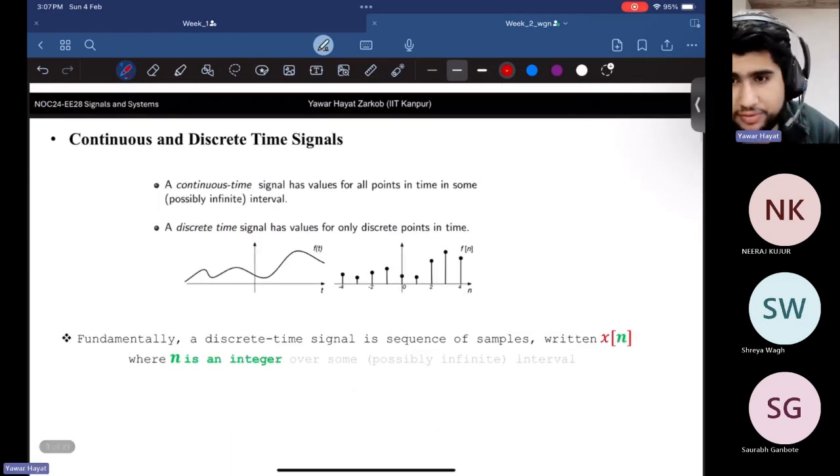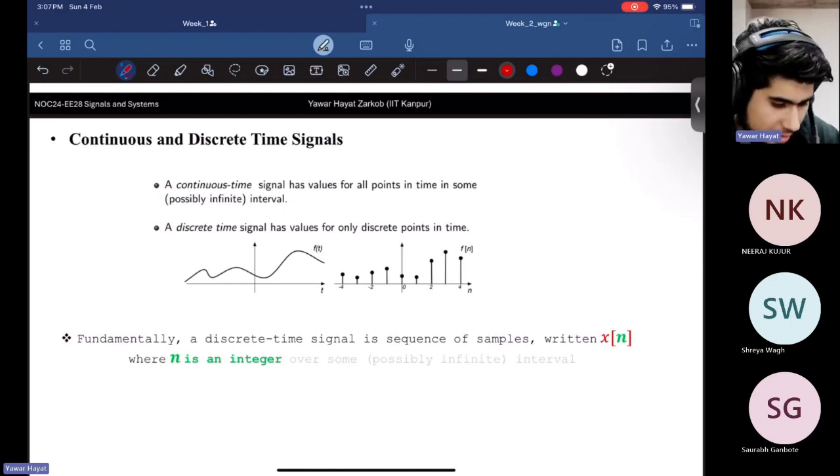So let's first briefly recap continuous and discrete time signals before attempting a sample problem on the same. A continuous time signal has values for all points in time in some interval, which can possibly be an infinite interval, while a discrete signal has values only for discrete points in time.